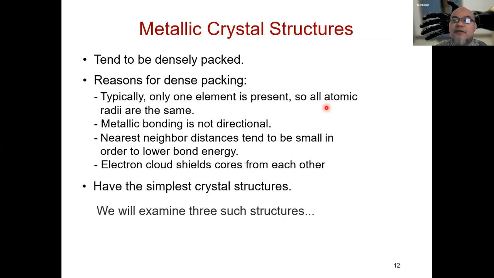And we have learned from the previous chapter that metallic bonding is not directional. So the nearest neighbor distances tend to be small in order to lower the bond energy.